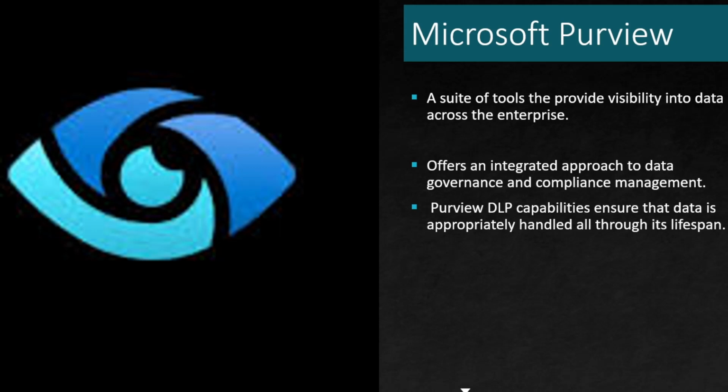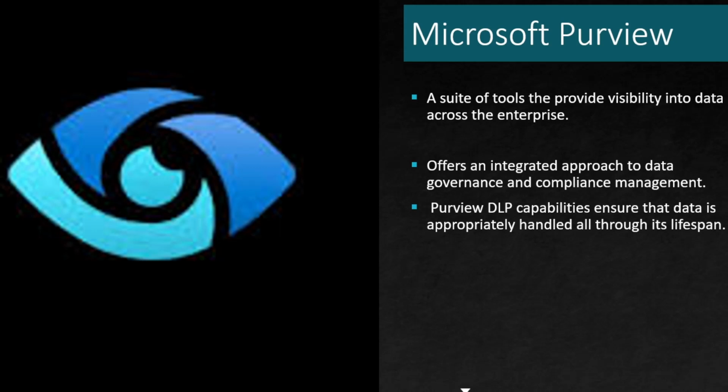Now, what it does is that it integrates a range of solutions for data protection, compliance, risk management, and governance, and puts everything together in one single platform, offering a suite of tools that provide visibility into data across the organization, enabling businesses to understand and govern their data landscape effectively.